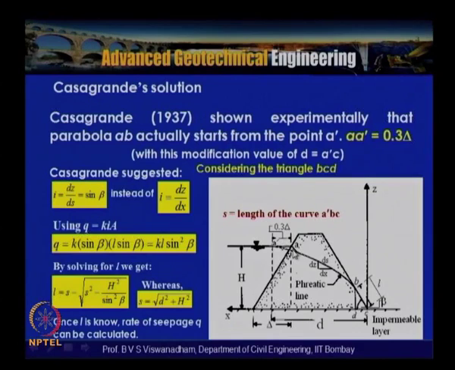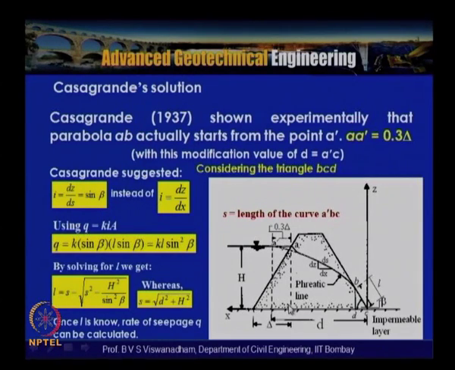The slope of this line is dz by dx, and ds is shown, and this length is L, and this angle is beta. This is the vertical axis and this is the horizontal axis, and delta is the distance from the upstream point where it meets the slope. So 1/3 of this distance was considered by Casagrande.